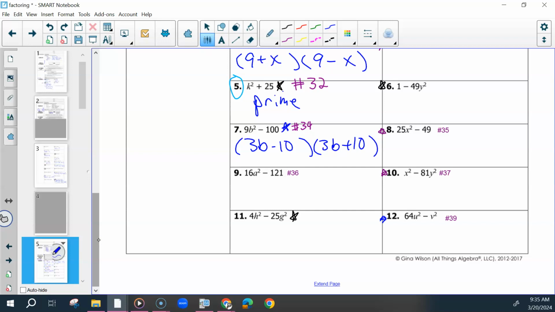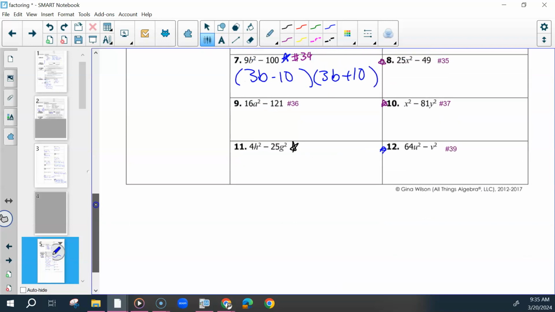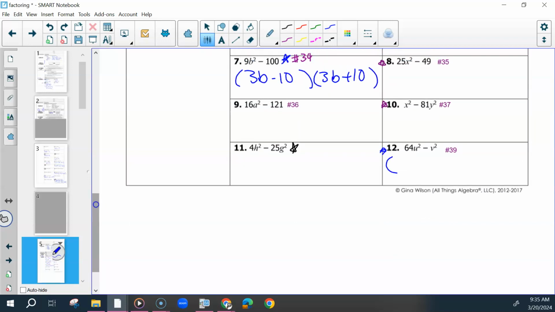What would those factors be? 8u minus b and 8u plus b. If you have u's and b's together, make sure your u's and b's look like u's and b's. Are there any others here that we want to go over, or have questions on, before we go to the back?